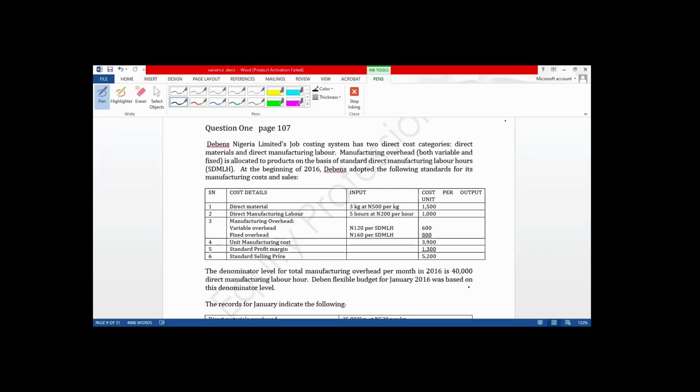The flexible budget for January 2016 was based on this denominator level. That means our budget is based on 40,000 hours in a month.